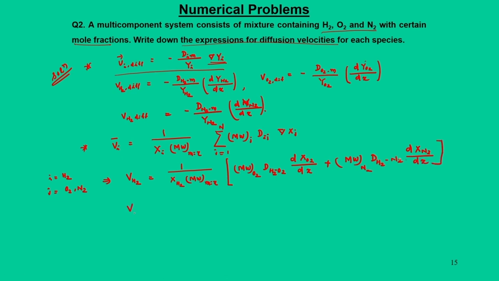Then for O2, we say i is equal to O2, j is equal to N2 and H2.